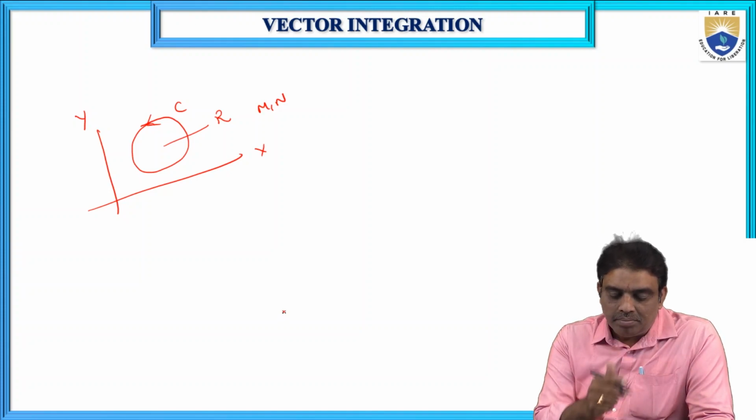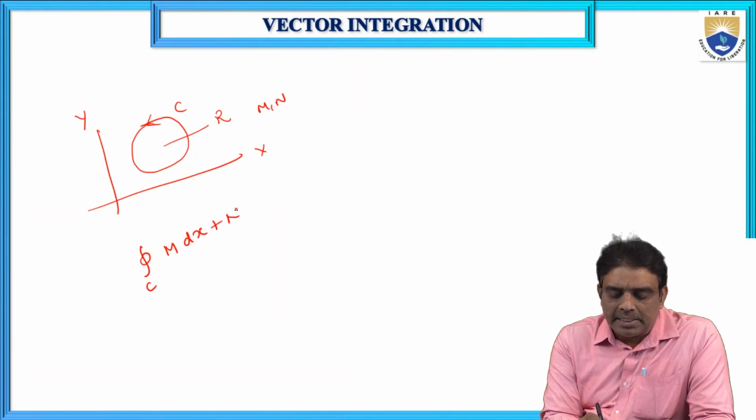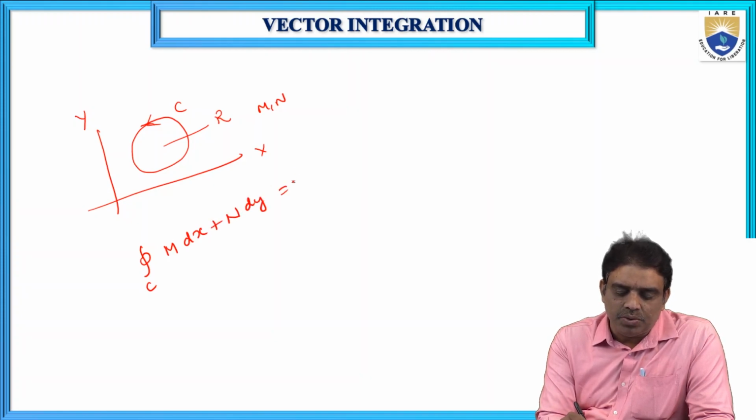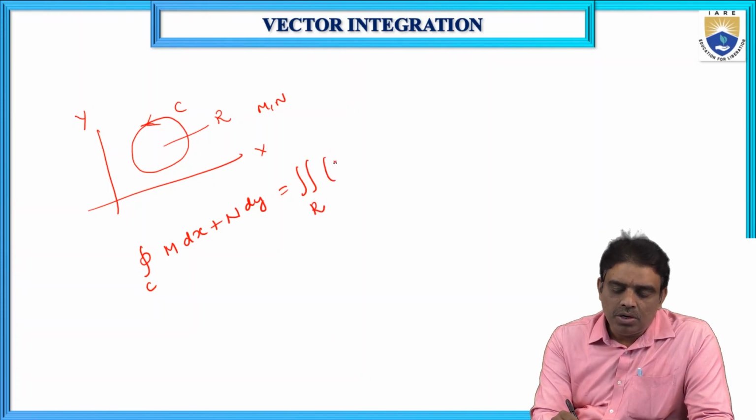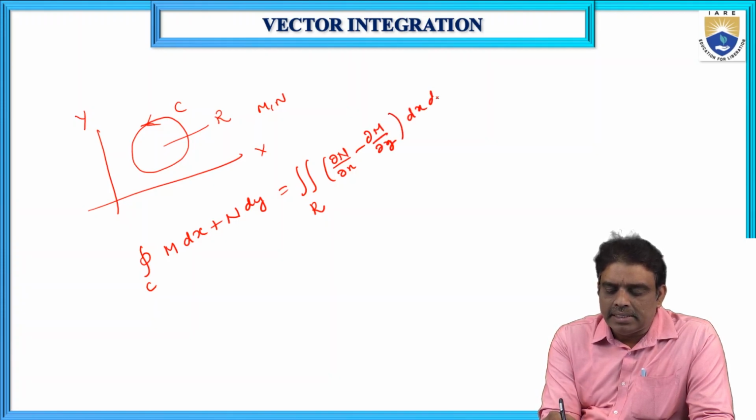Then the integral over the closed curve C of M dx plus N dy is equal to the double integral over the region R of dou N by dou x minus dou M by dou y dx dy.